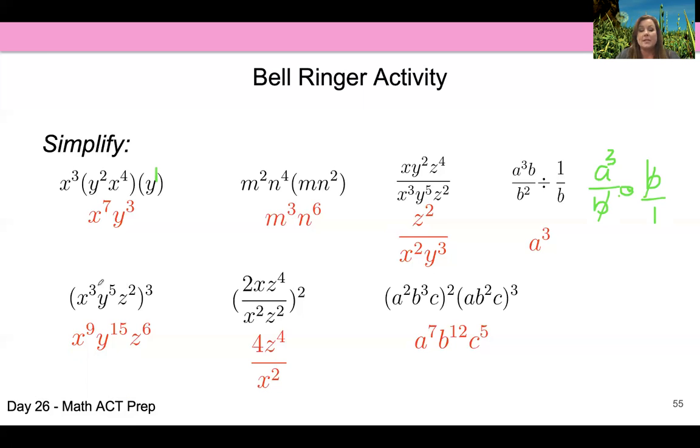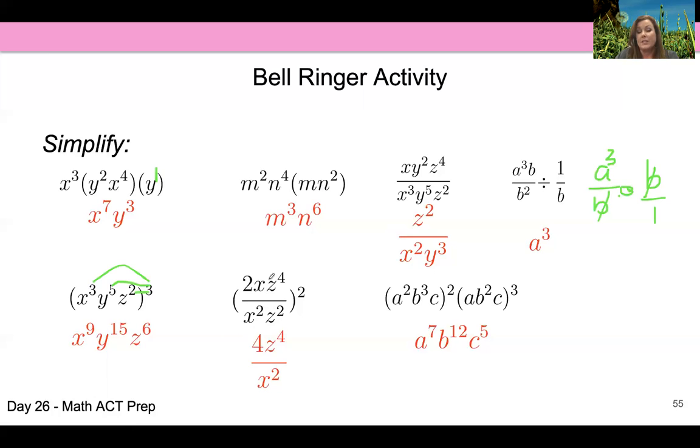When we get down to this bottom row, this is where x is listed only 1 time, but there are 2 exponents. So this is where you're going to multiply. You're going to distribute that 3 and multiply it through. This one can be done several different ways. You can simplify what's in the parentheses first, then square it, or you can square everything and then simplify.